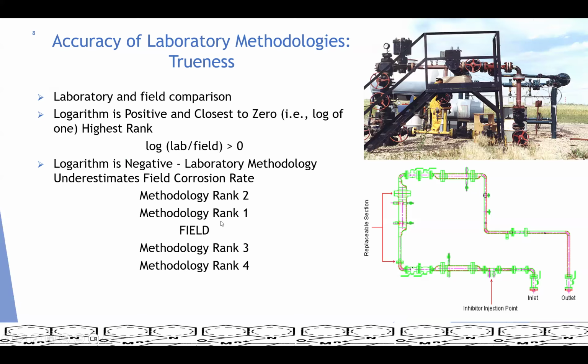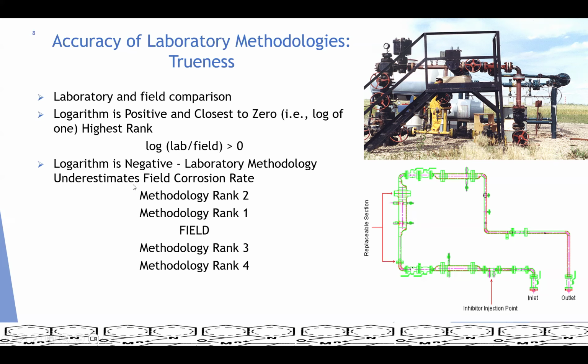So the field is a benchmark, and compare that one with the lab testing. If the lab testing is a little more aggressive, but still it is closer to the field, that was ranked as number one. We do not want to have a lab methodology that fails all the corrosion inhibitors. That could be very aggressive, but it is not closer to the trueness. So that is ranked number two.